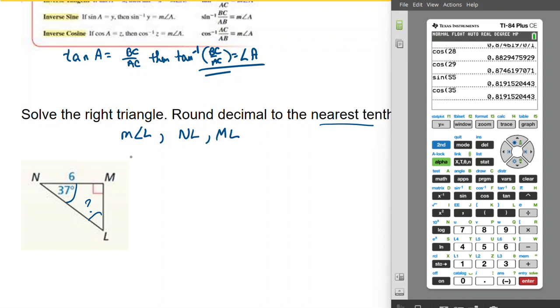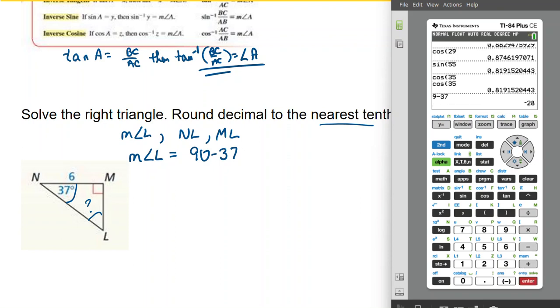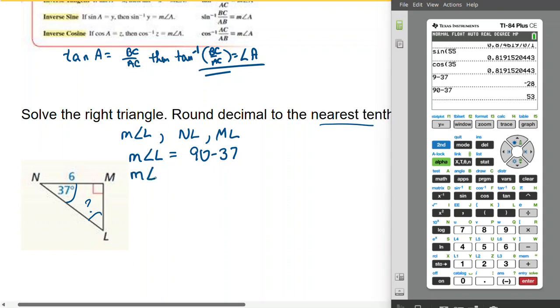So let's start with the measure of angle L. Angle L is going to be 90 minus 37, because we're using the corollary. I get 53 degrees. Very good.